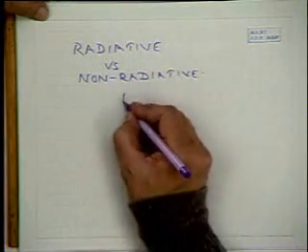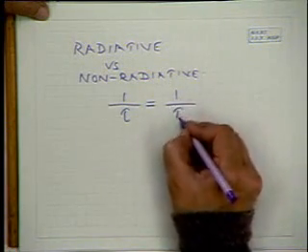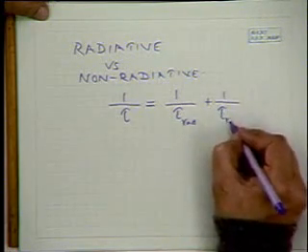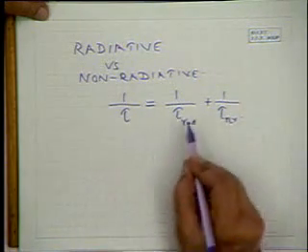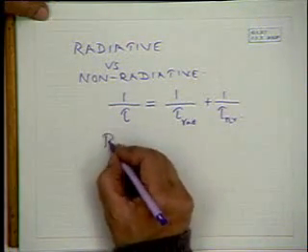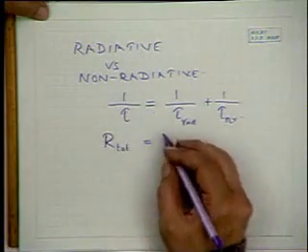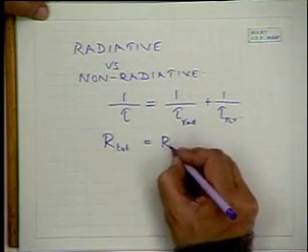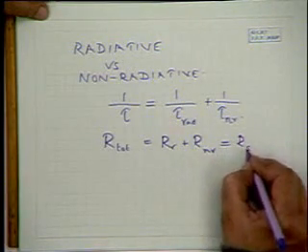So we can define an overall lifetime, 1 by tau, which is equal to 1 by tau radiative plus 1 by tau non-radiative. And in this case, whichever is the smaller of these prevails, because the total rate, which is inversely proportional to tau, is R plus R NR, which is the spontaneous recombination rate.